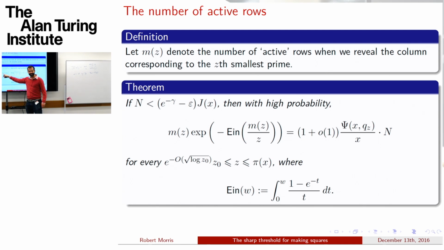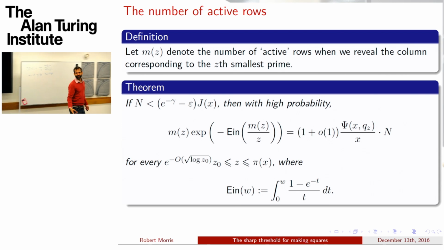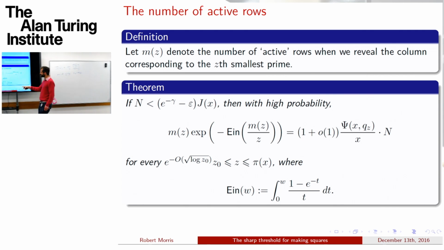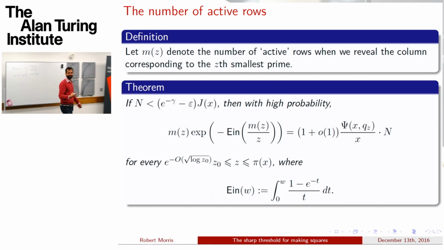This tells you how many vertices you have. So obviously, this thing should be the average degree of your hypergraph. If the average degree of your hypergraph is a constant, and your hypergraph is random, then your number of isolated vertices should be e to the minus average degree times number of vertices. Okay? So that's where this comes from. This is incredibly natural. And it turns out that this exponential integral controls the average degree of the hypergraph.